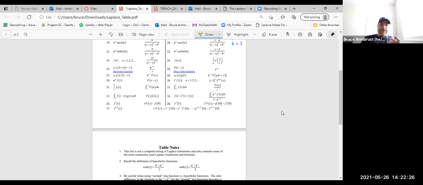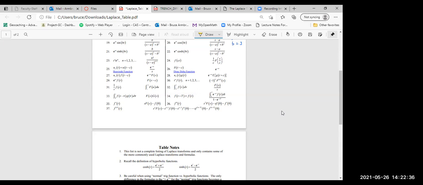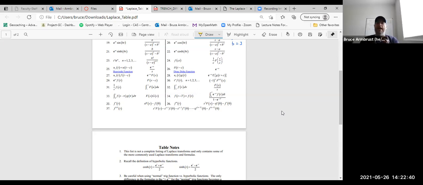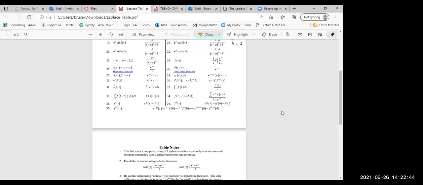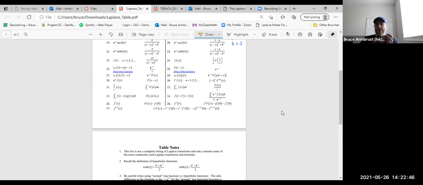And that's why we do this: it's going to turn the differential equation into an algebra problem that we manipulate, and then come back and get the answers.